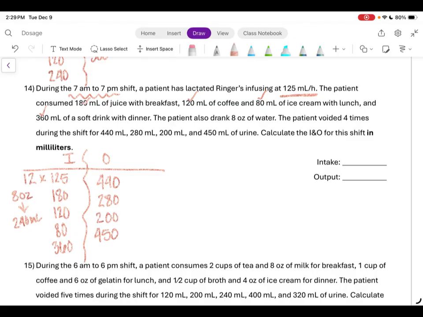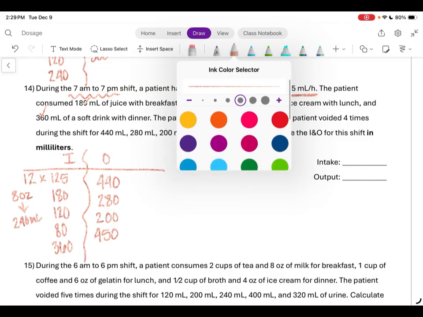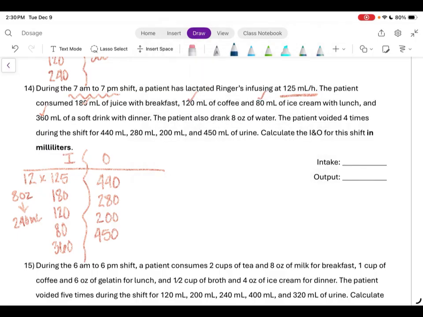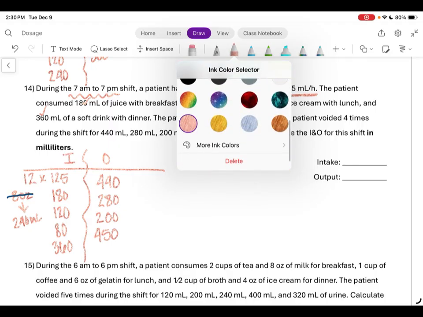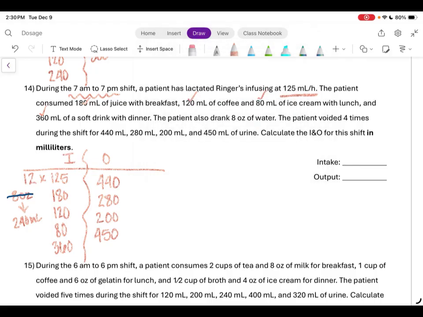So now I have to add up my intake side first. I'm just gonna make sure that I don't get myself confused with the 8 ounces, so I'm just gonna put a strike through it. That way I know. And then I'm also gonna figure out what 125 times 12 is. And that's equal to 1,500. Okay?